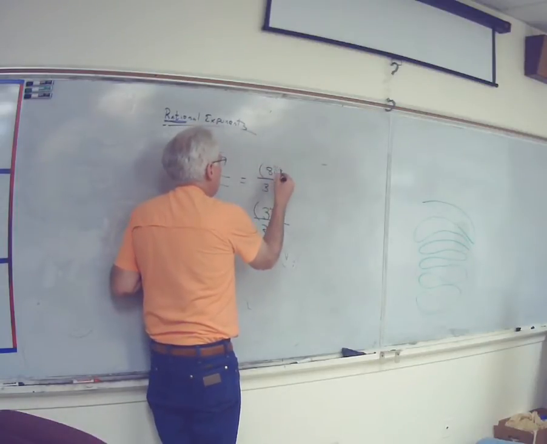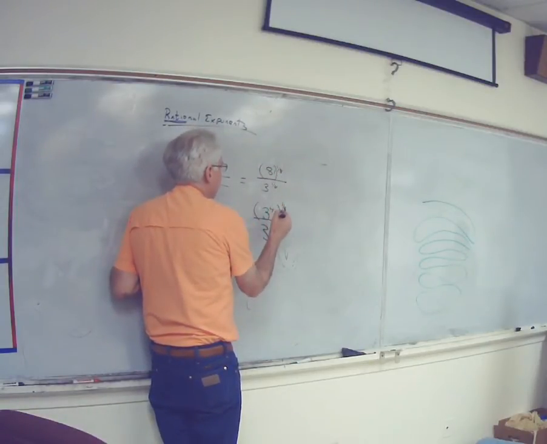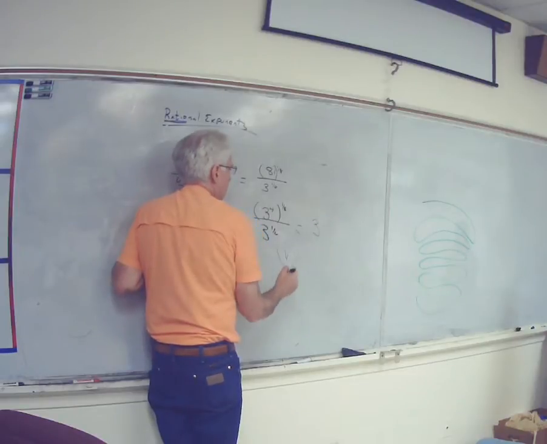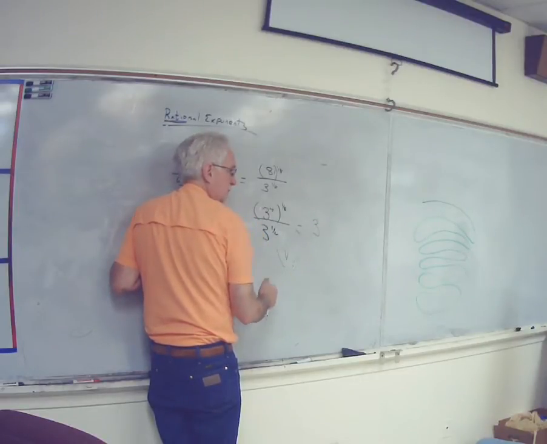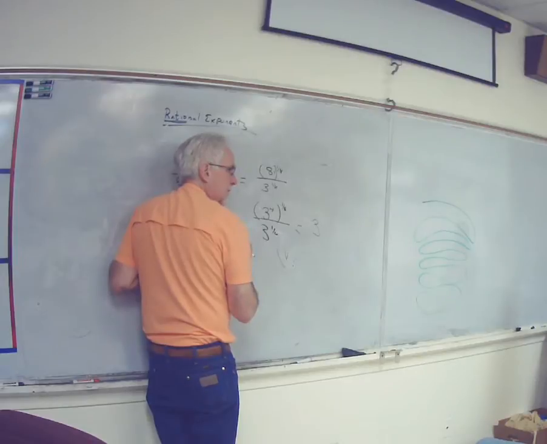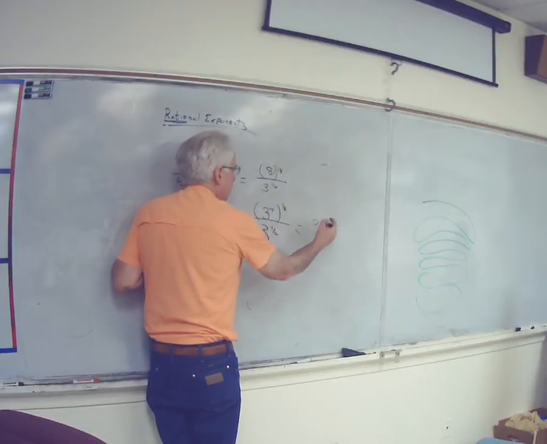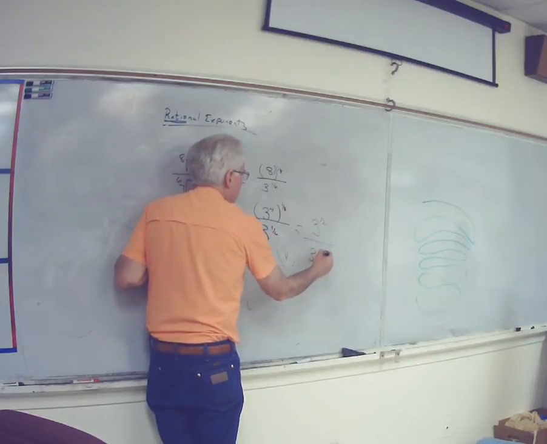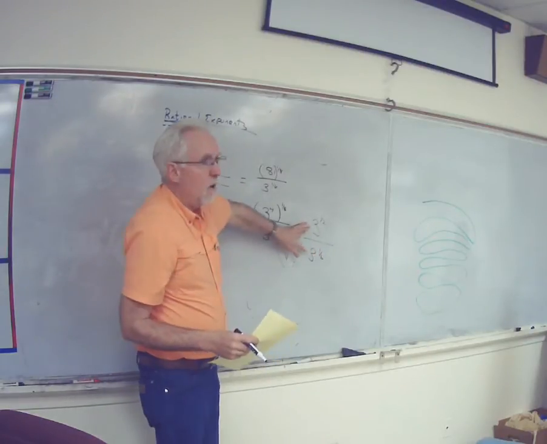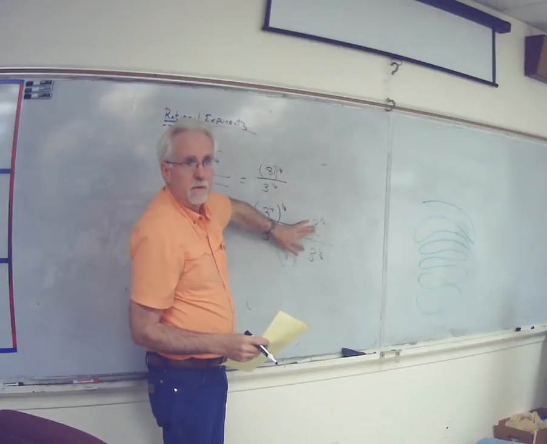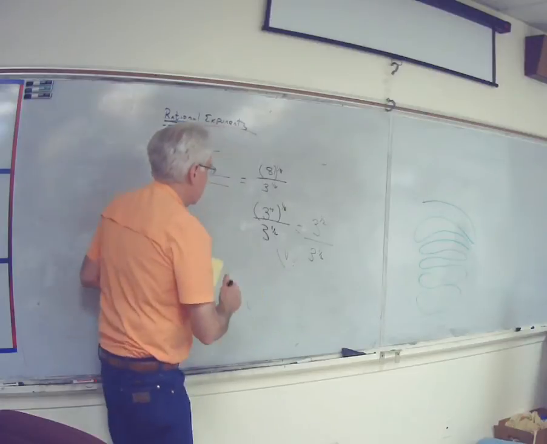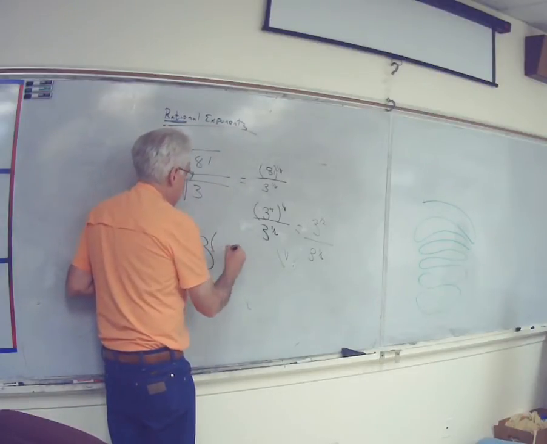It's like 81 to the 1/8 is 3 to the 4th to the 1/8. What is 3 to the 4 raised to the 1/8? Power to a power, what do I do? Multiply. 4/8 is 1/2. 3 to the 1/2 over 3 to the 1/6. I got my wish. I got a 3 here and a 3 here. So then I can say this is 3 raised to the what?